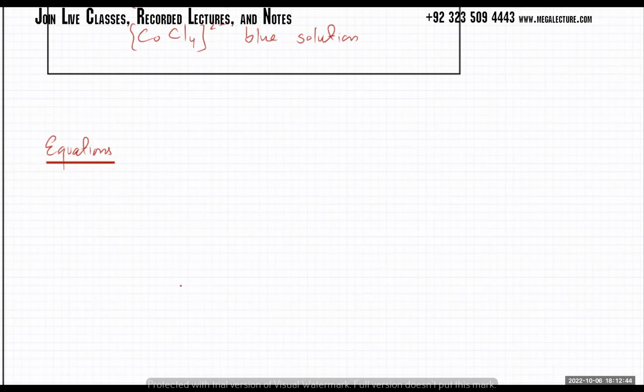What would happen if a few drops of NaOH are added to copper sulfate aqueous? This is the test of cations that you've already done in IGCSE O levels.